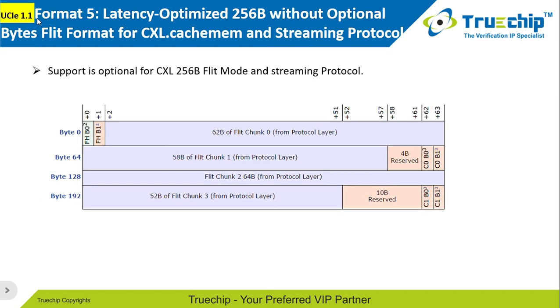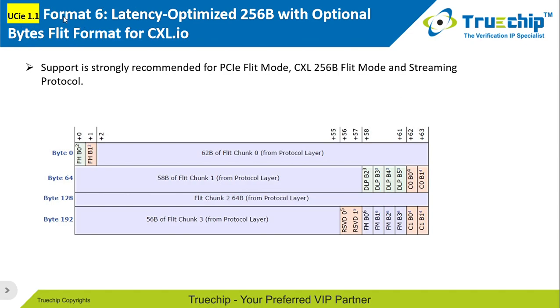And this format 5, which is enhanced in UCI 1.1, is latency optimized 256 byte without optional bytes flit format for CXL.CacheMem and streaming protocol, which are optional for CXL 256 byte flit mode and streaming protocol. And this one is also enhanced in UCI 1.1.